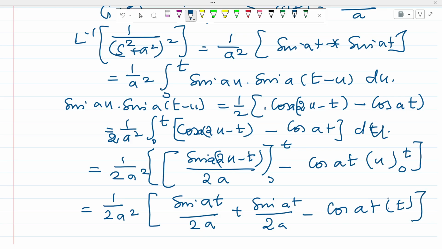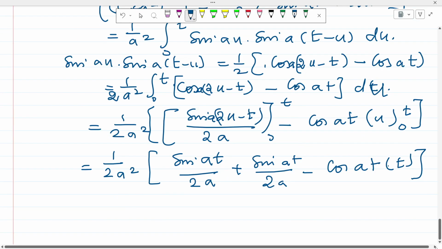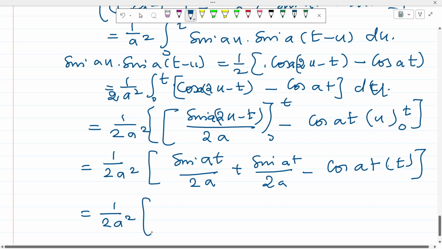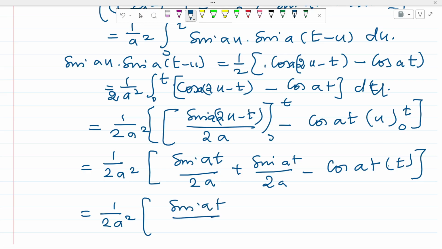So what is the answer for this finally? 2 gets cancelled here. 1 by 2a square, sin at by a minus t cos at.